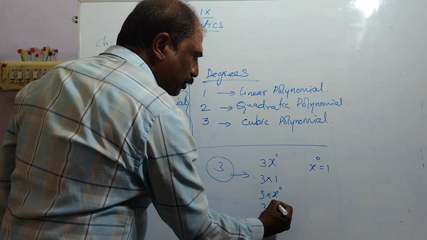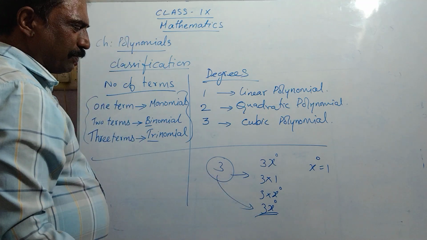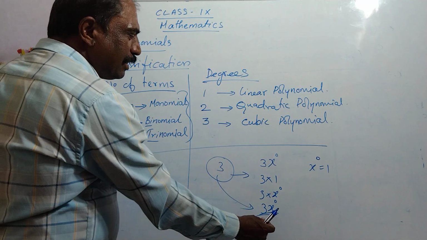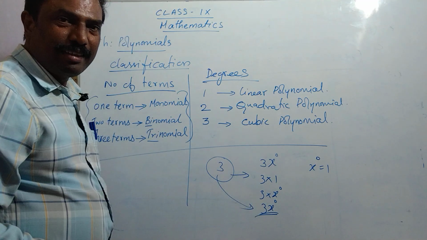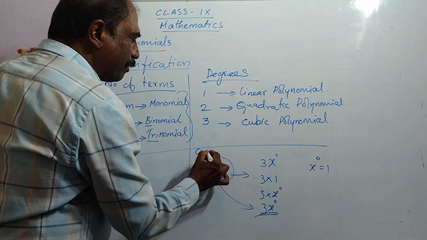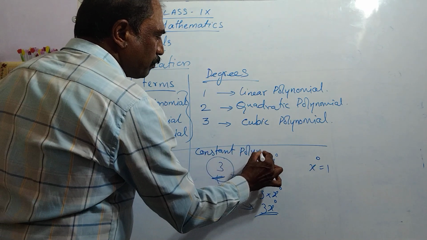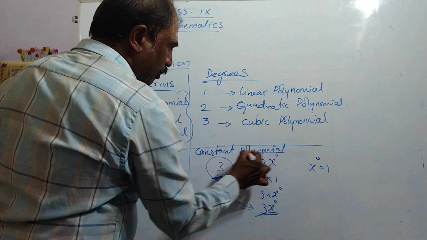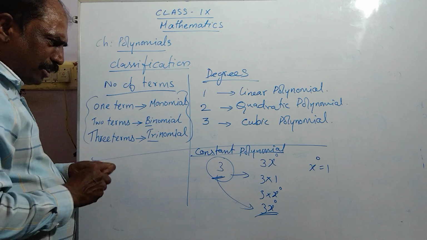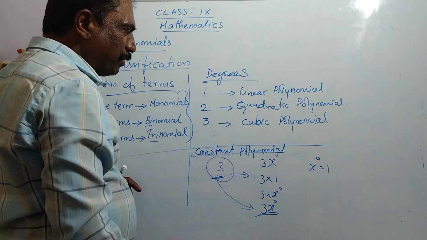So this is also a polynomial, and it is a polynomial whose degree is 0. We say this is a constant polynomial. Okay, clear? Any real number we say is a constant polynomial.